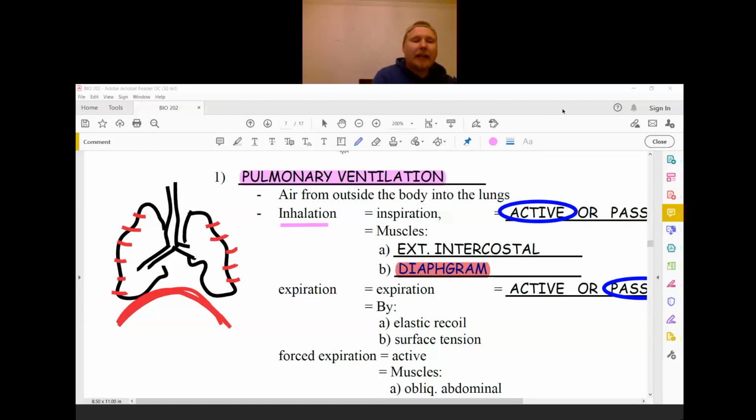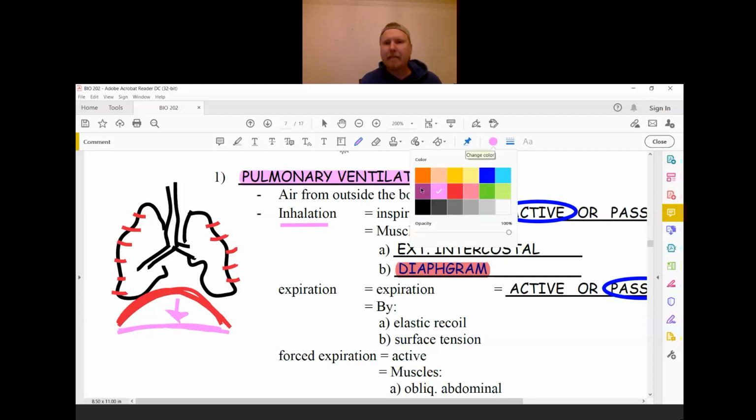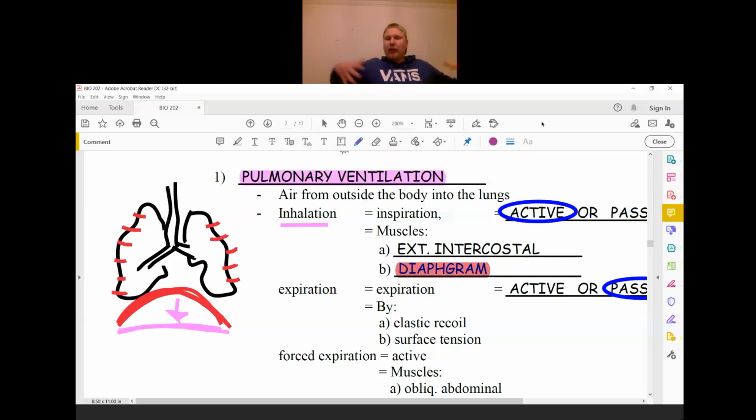What we see is that as you breathe in, the diaphragm becomes more flat. It goes downwards. And as that happens, our lungs in turn expand. At the same time, the external intercostals pull the ribs apart and our lung sizes grow.